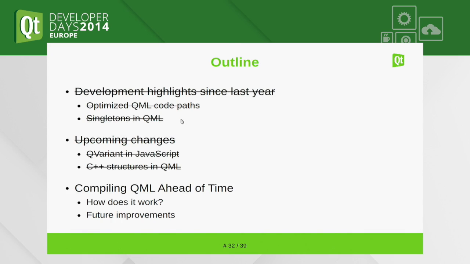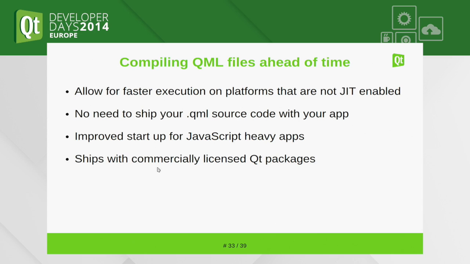Last topic I want to talk about is the compiling QML feature, or compiling QML files ahead of time. This is something that we've added in Qt 5.3. The basic idea is that it allows for faster execution of QML applications on platforms that don't support the JIT, such as iOS or MIPS, or ARMv5, for example.